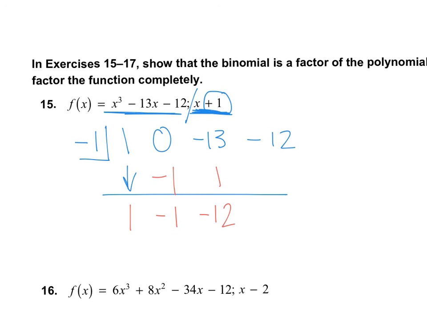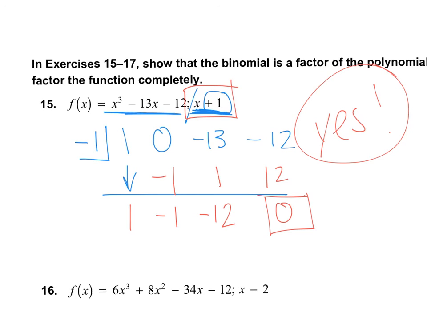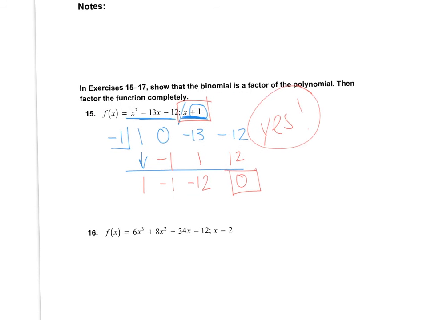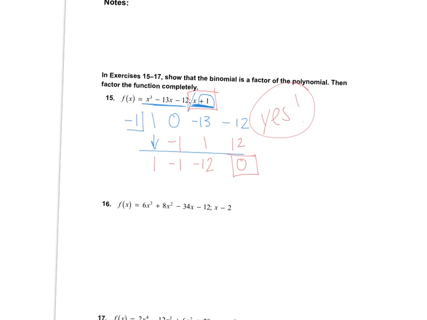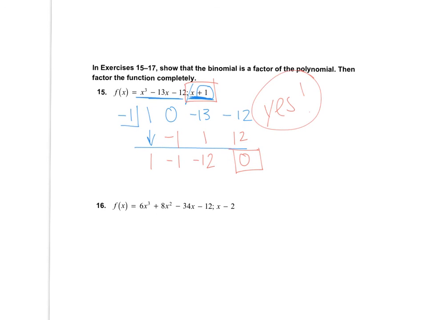Negative 12 times negative 1 is positive 12, and you'll see that when I do this, I get 0, which means that yes, that is a factor. If you were to get a remainder anything other than 0, then it would not be a factor. And that's how you determine whether or not it is a factor.